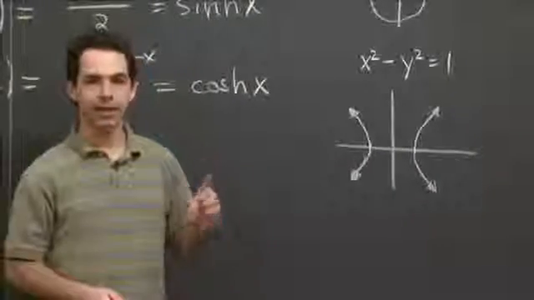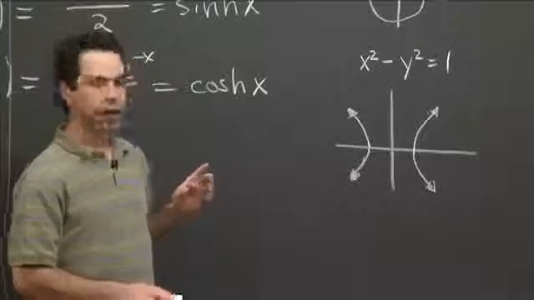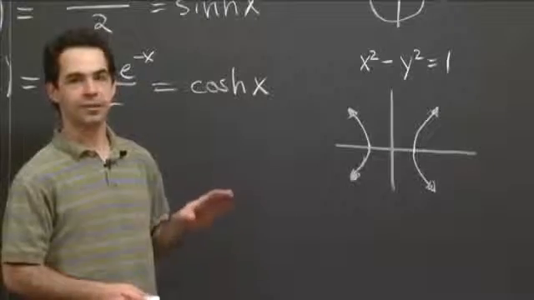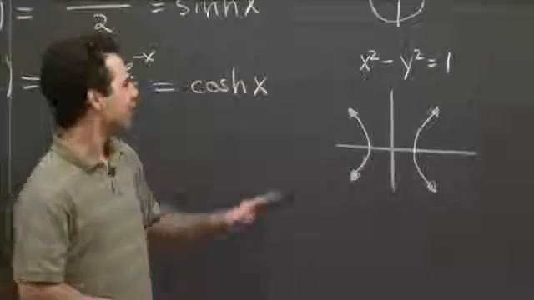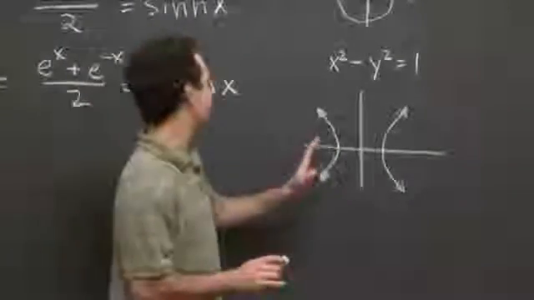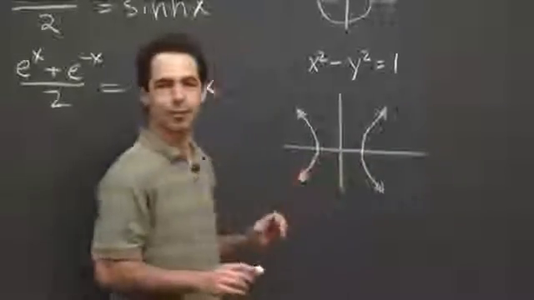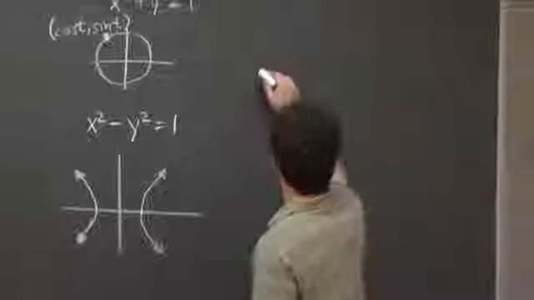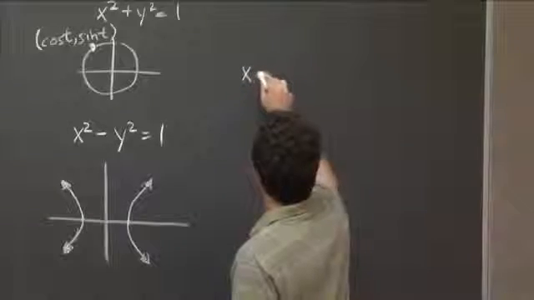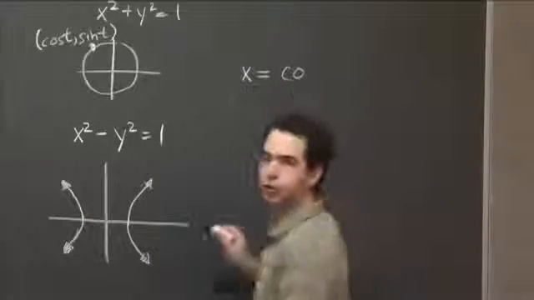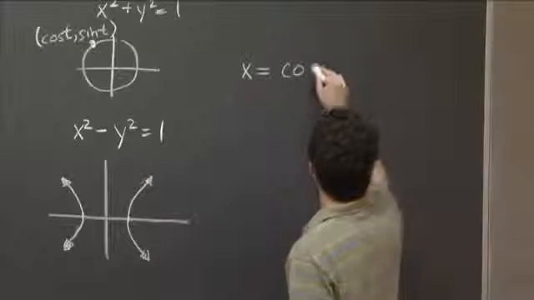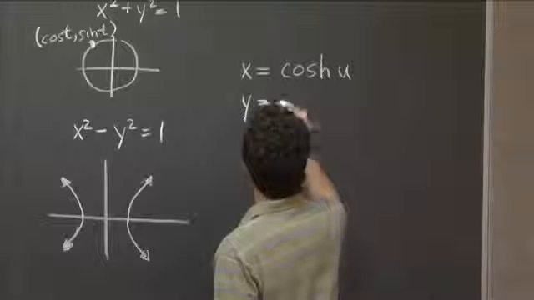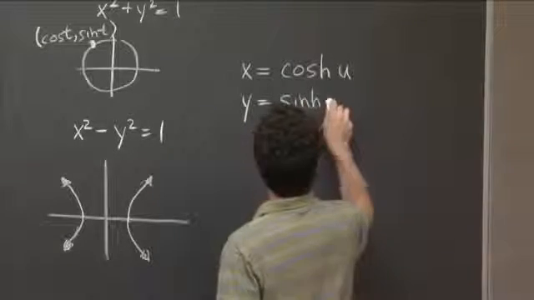Now, what I claim is that cosh and sinh have the same relationship to this hyperbola as cosine and sine have to the circle. Well, all right, I'm fudging a little bit. It turns out it's only the right half of the hyperbola. So what do I mean by that? Well, here's what I'd like to do. We're going to introduce a new variable u, and I'm going to set x equal to cosh u and y equal to sinh u.